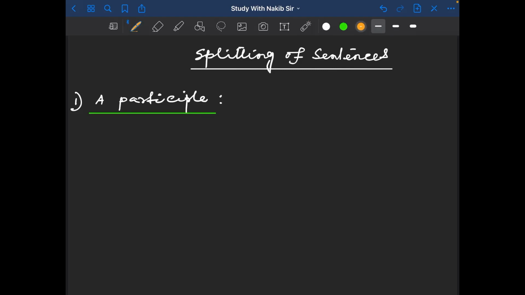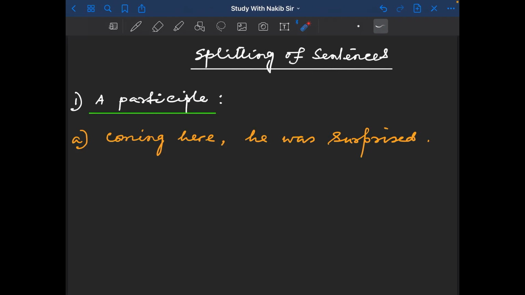See, example: Coming here, he was surprised. Okay, now check the sentence. See, coming here, you have learnt that coming here is a participle, so cut the sentence here.